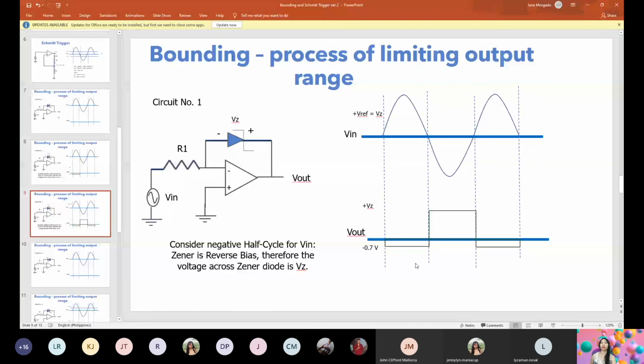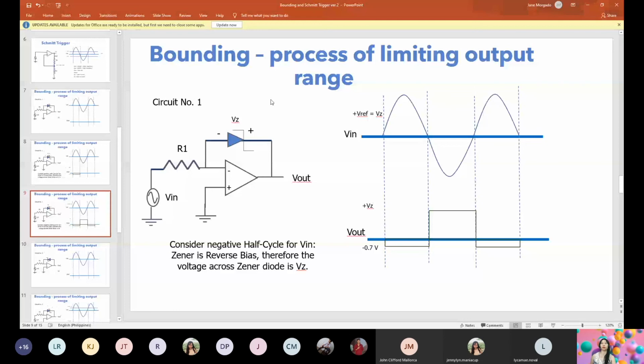In bounding, it's just a matter of how the zener diode responds, whether it's forward or reverse bias, if you understand how it works. You should be able to draw the expected output waveform.